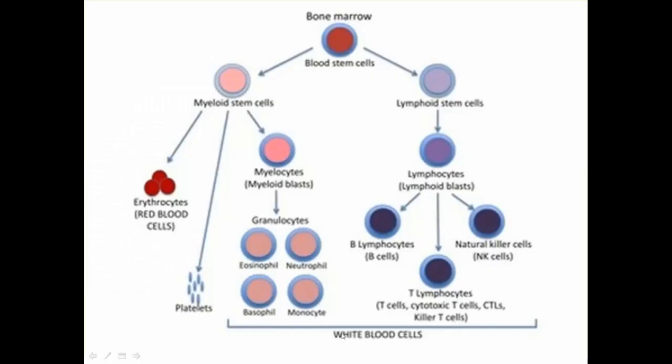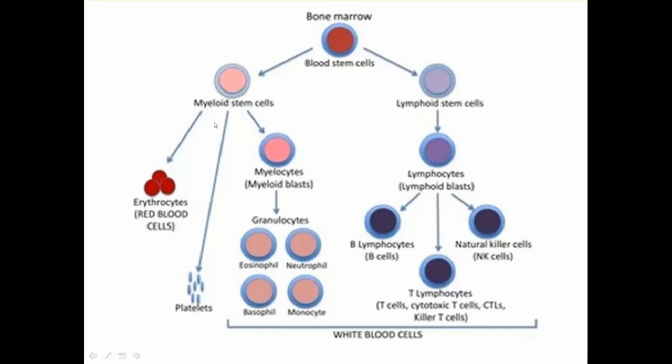And this is the schematic representation of the bone marrow cells. We have the stem cell or the blood stem cell, which is the precursor of the lymphoid stem cell, which will result in the production of lymphocytes, including the B lymphocytes and the T lymphocytes.